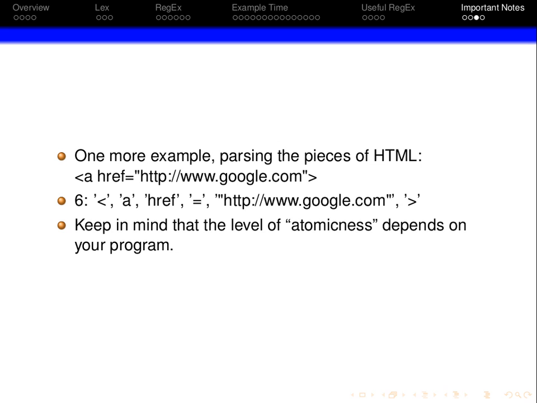You could have less-than A be 1. href should be its own. I think everyone would agree with that, as well as equal. You could try and break up the address, but generally if you're parsing HTML, you just keep the address, someone else is going to deal with that later. So that's its own token. And then of course the ending one as well. Keep in mind your level of atomicness depends on your program or what you're trying to accomplish.